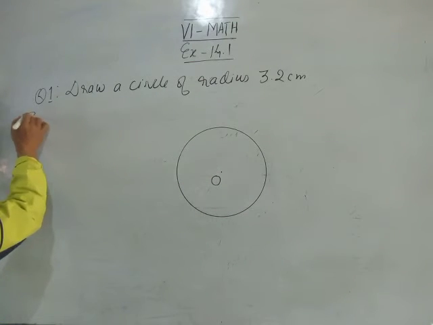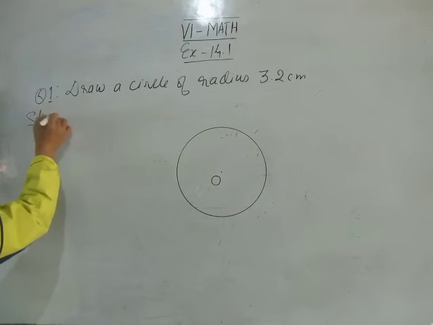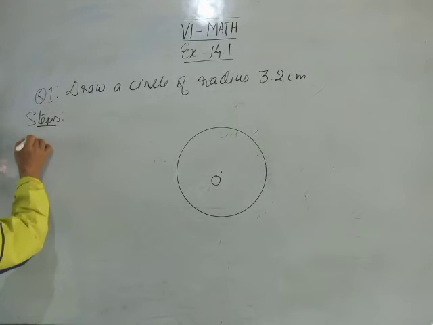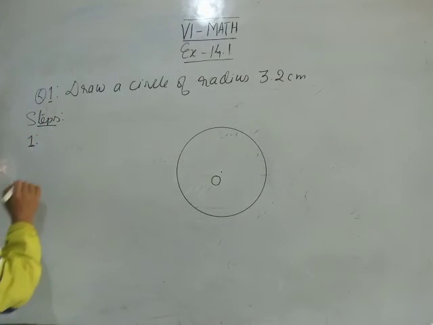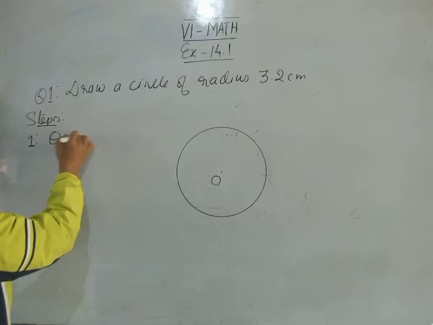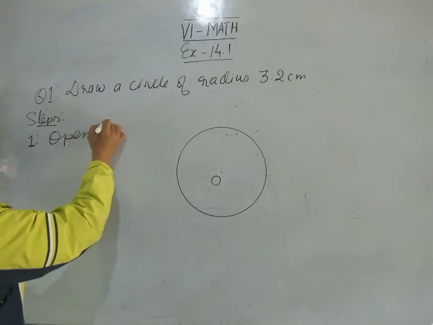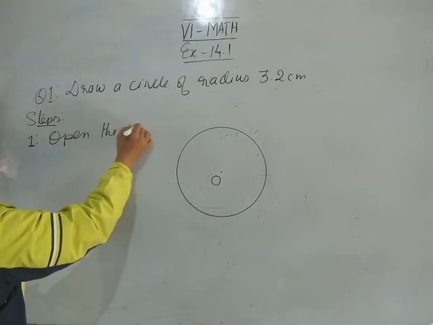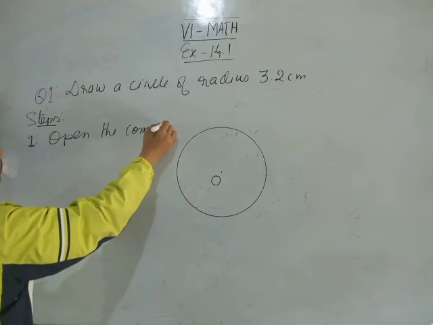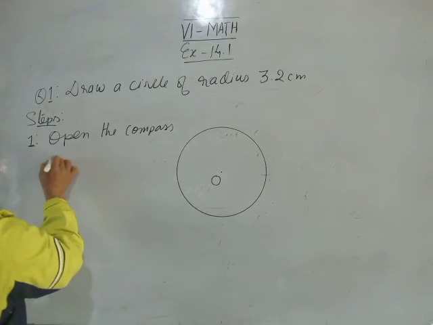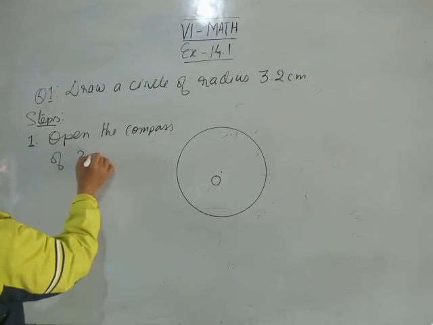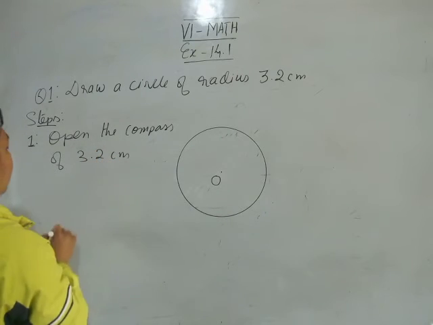Okay. Now steps of construction. Step number one. What do we do? Open the compass of 3.2 centimeter.